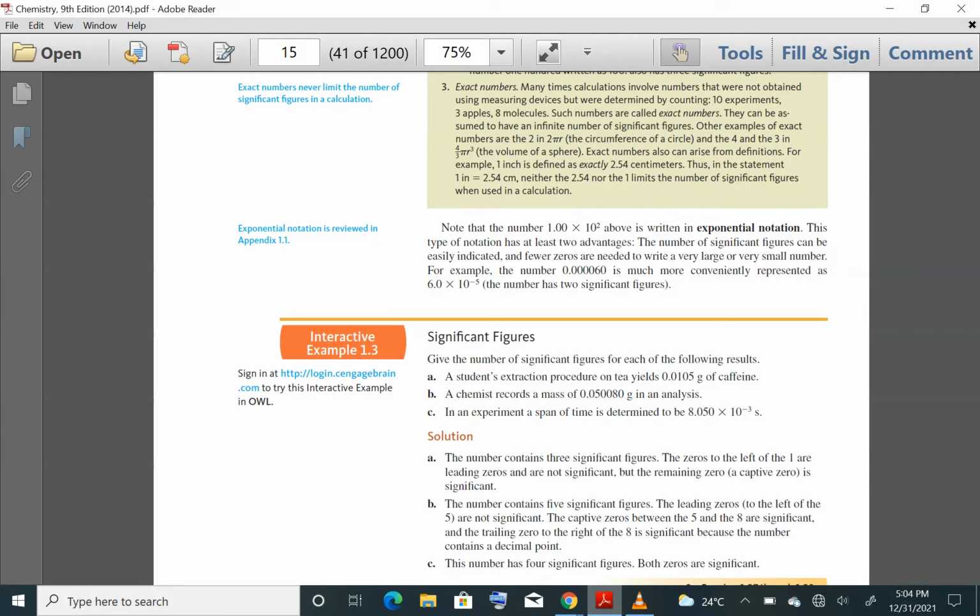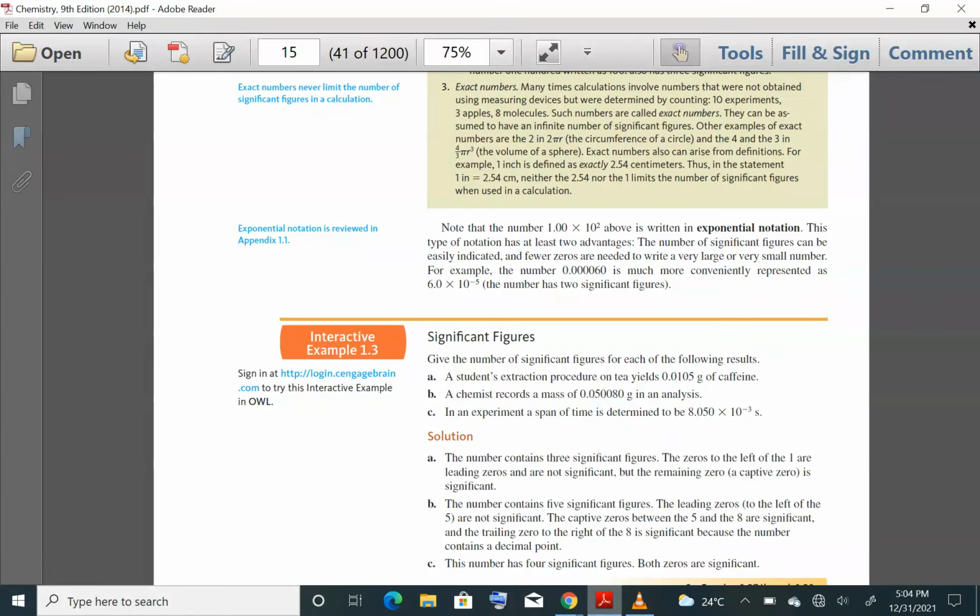Then when you go to C, we've got that particular experiment. Now, when you look at that number, the fact that it's been written in exponential notation, that's something that I mentioned in the earlier video, makes it really, really easy for us to count the number of significant figures. So we see there we've got 8.050.